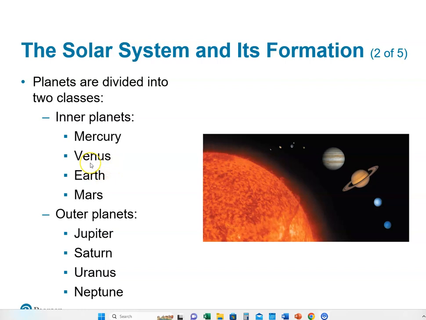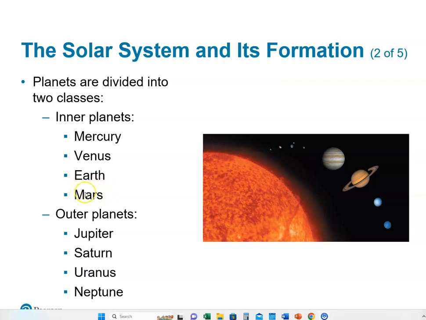Although it's quite a different planet, it has almost the exact same mass as the Earth, and it's almost the exact same size. It's just slightly smaller than the Earth. Then we have our planet, the largest of the terrestrial planets, and then Mars, which is less than half the size of the Earth.